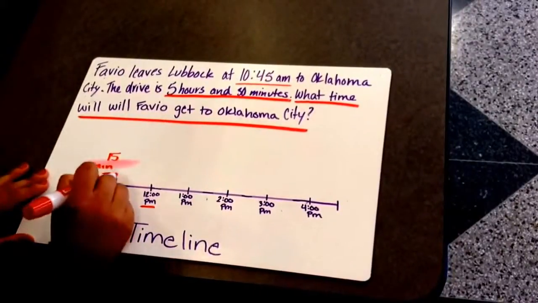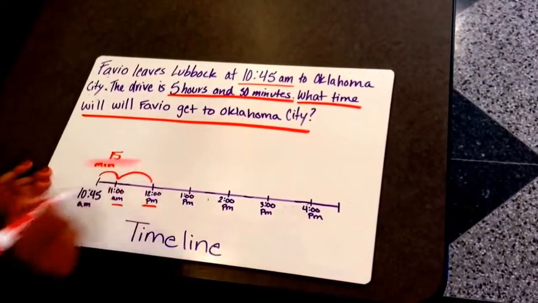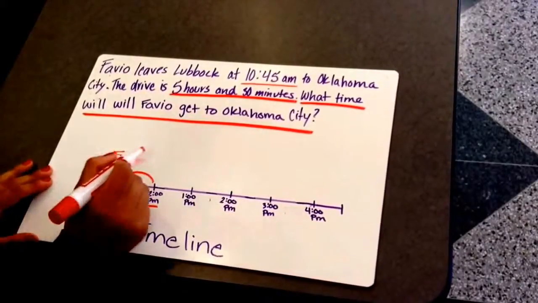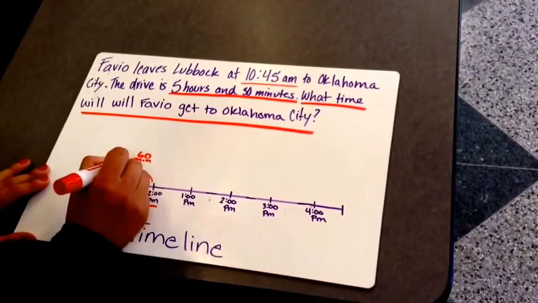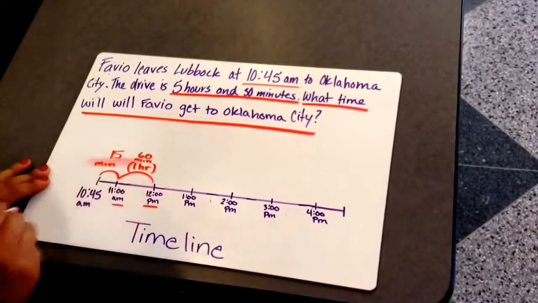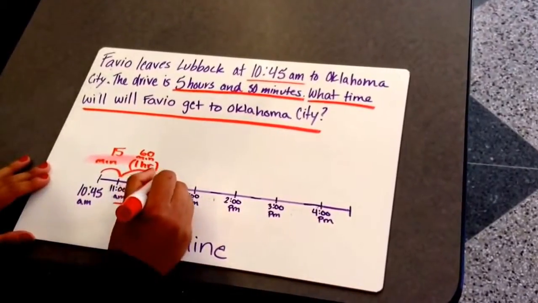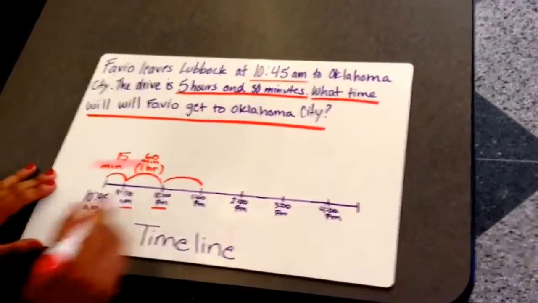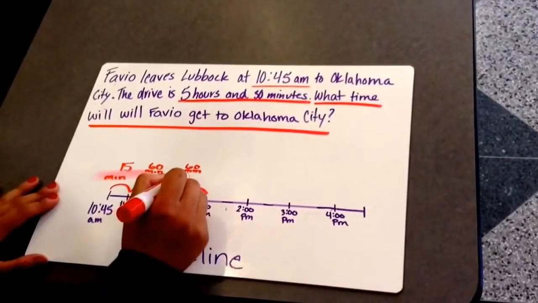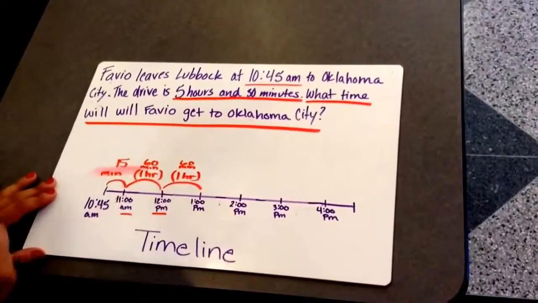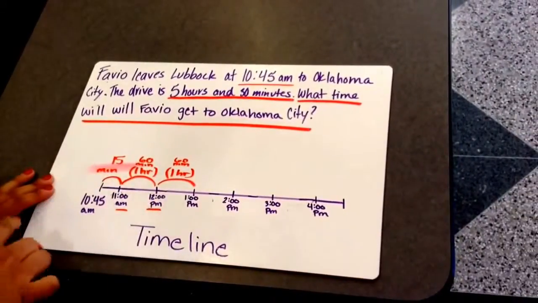Then 11 a.m. to 12 p.m. is 60 minutes, or 1 hour. Then we have another 12 p.m. to 1 p.m., which is another 60 minutes and 1 hour. So we have 2 hours and 15 minutes right now.